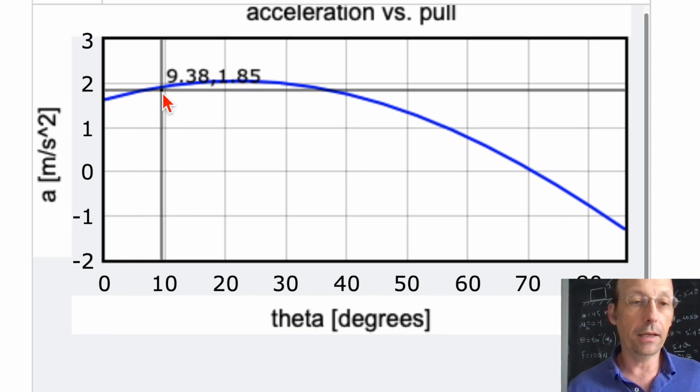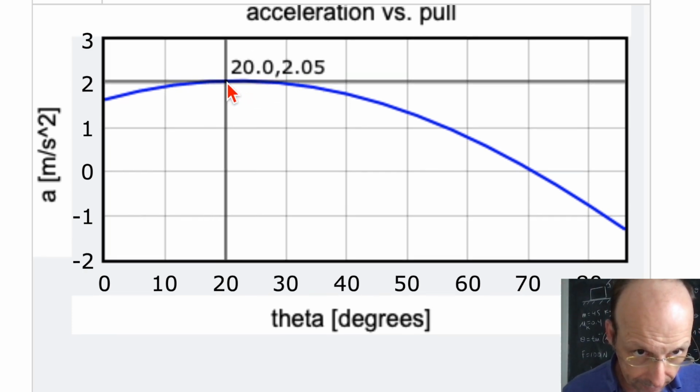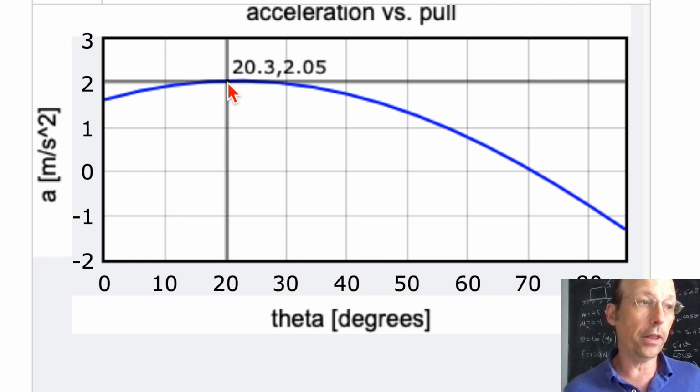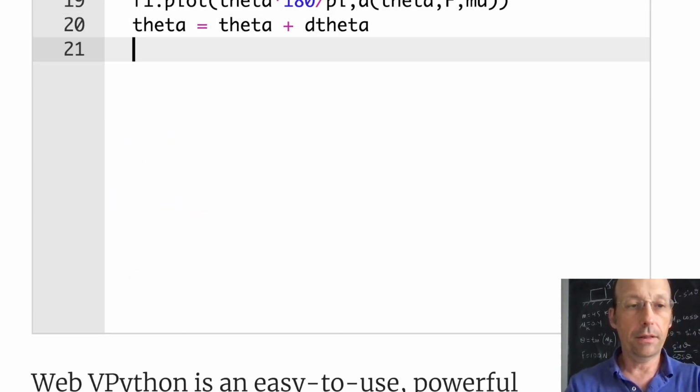There we go. Okay, so from that, I get a maximum acceleration right around here, 20.3. Let's just print out what we calculated analytically.